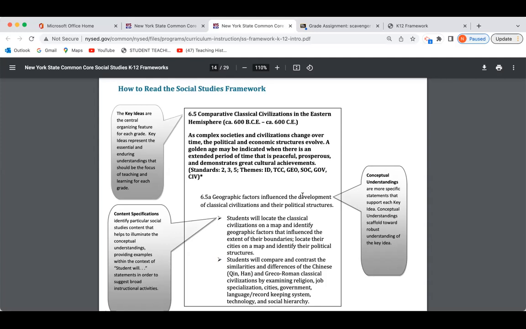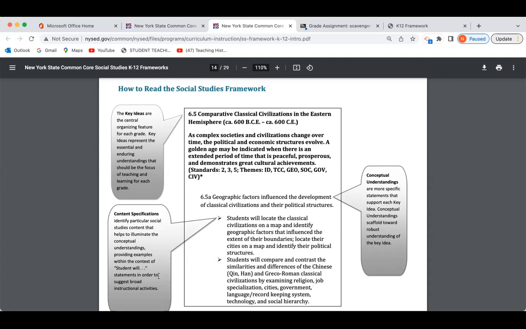Then you go into more details and get into the specific content specifications. The way that these are written, it gives performance activities.